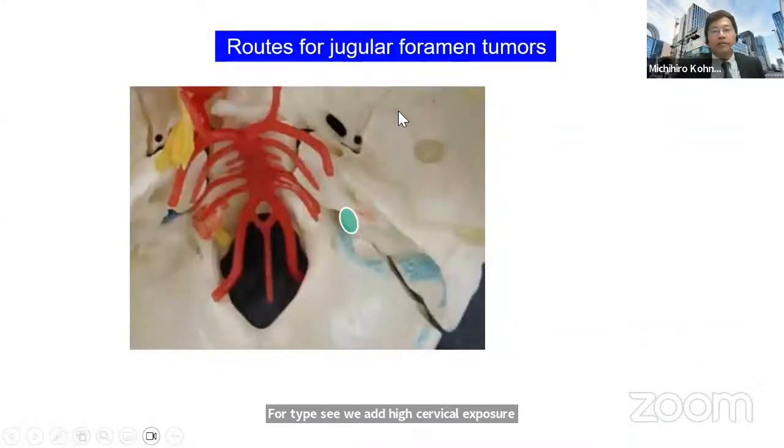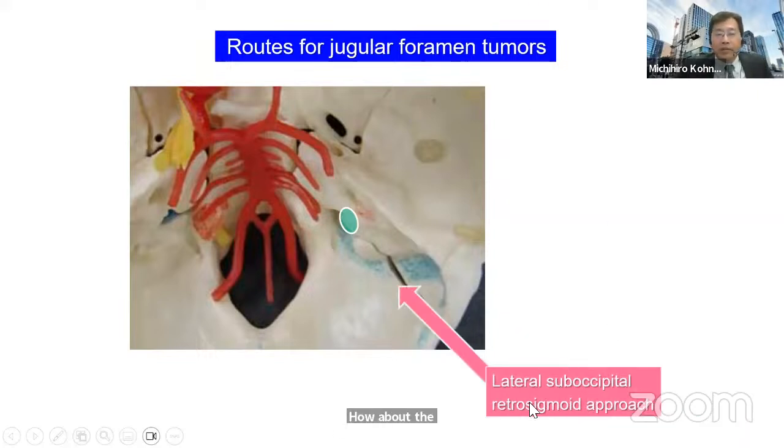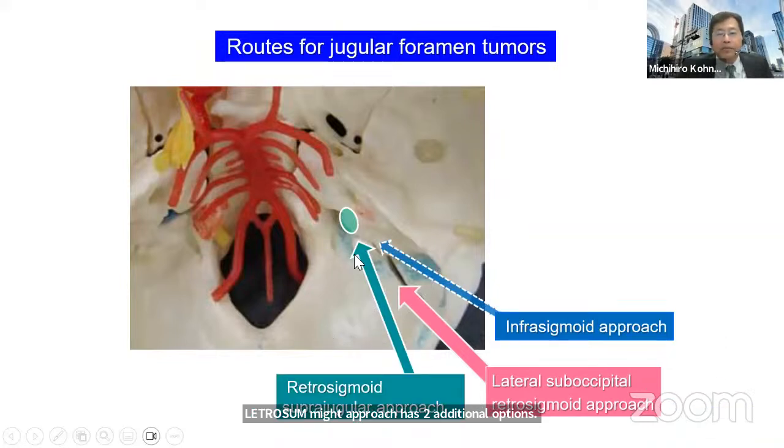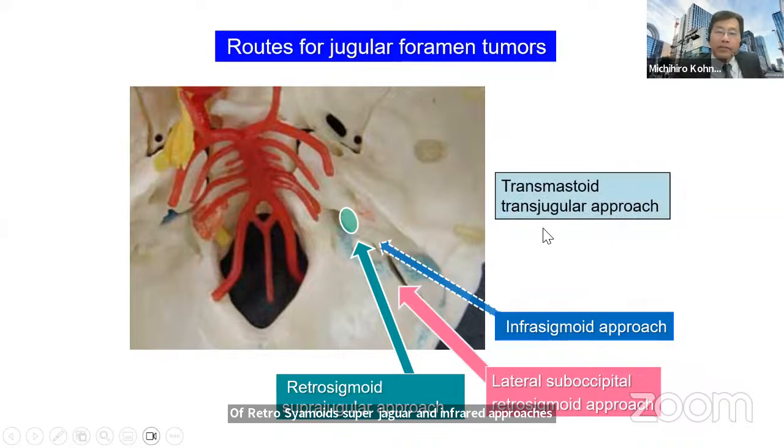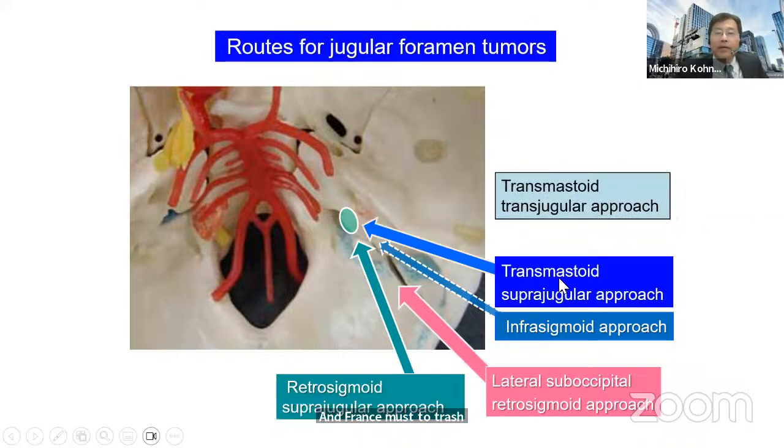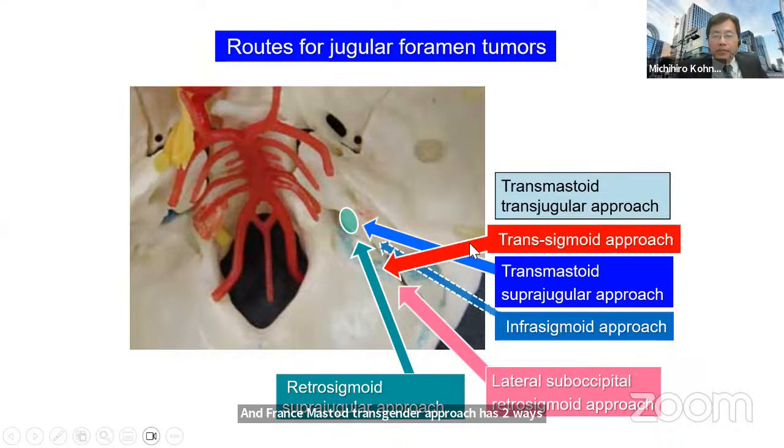About the routes for jugular foramen tumors, the retrosigmoid approach has two additional options: retrosigmoid suprajugular and infrasigmoid approaches. And the transmastoid transjugular approach has two ways: transmastoid suprajugular and transsigmoid approaches.